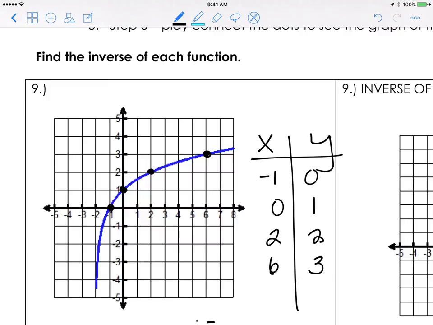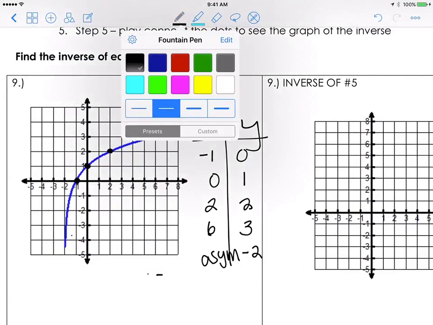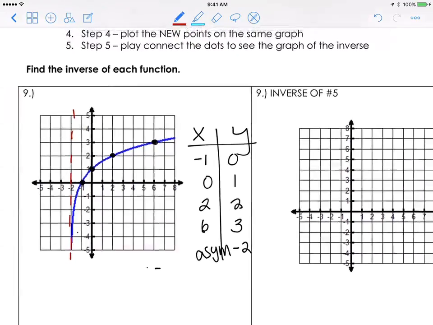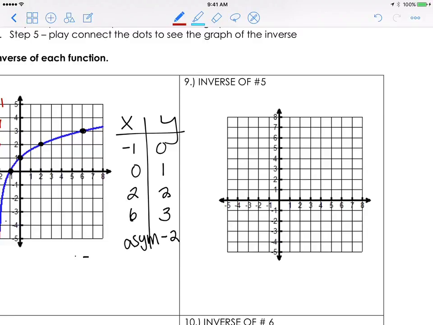We know our asymptote is going to be, let's put our asymptote up there, x equals -2. Do you guys see that asymptote right here? -2. If we have a vertical asymptote at -2, on our inverse we're going to have a horizontal asymptote at -2. So let's go ahead and draw that in first. That's probably going to help us the most.